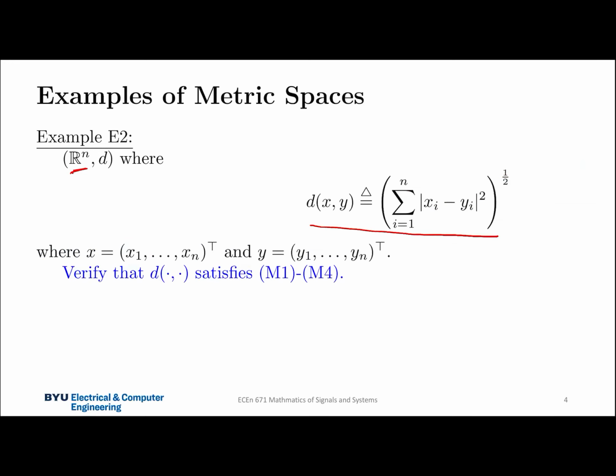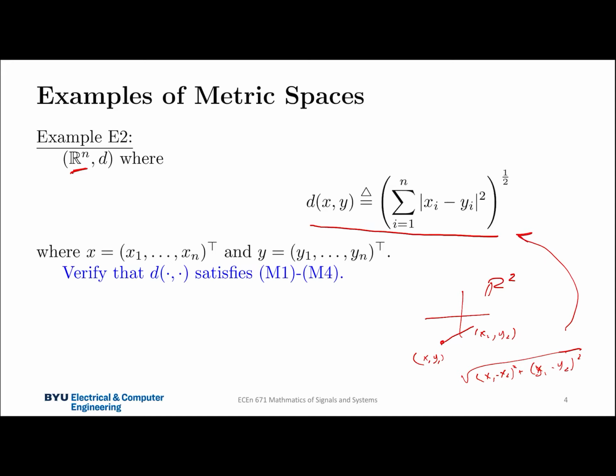For example, if we were in R2, the distance between the two points x1, y1 and x2, y2 would be the square root of x1 minus x2 squared plus y1 minus y2 squared. And that's exactly this formula when n is equal to 2.